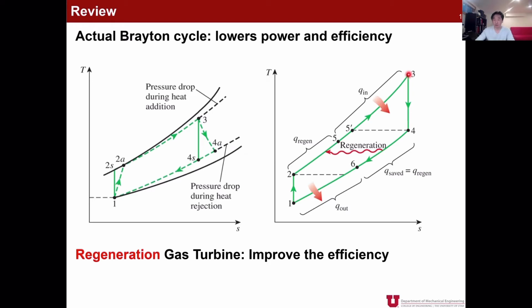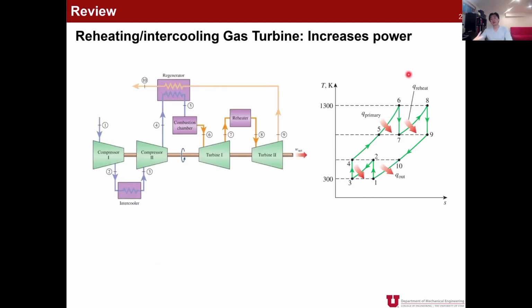Then how about improving the power output? In order to increase the power output, we can think about using reheating and also intercooling. So instead of having one compressor and one turbine, we can use multi-stage compressors and multi-stage turbines. This schematic diagram describes one example of a two-stage gas turbine system.